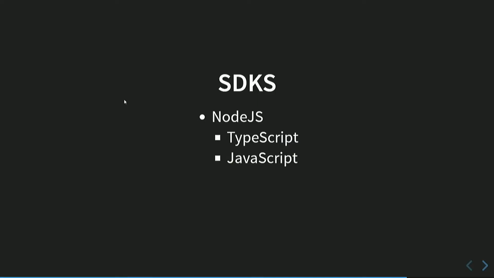Microsoft has one for Node with TypeScript or JavaScript. There is a Java one that I believe is Red Hat. Those are the ones that develop it. And then C# is one that I work on. There are a couple others out there as well. And I'm sure in whatever language you want to write in, you can probably figure it out, or there may already be one like that.